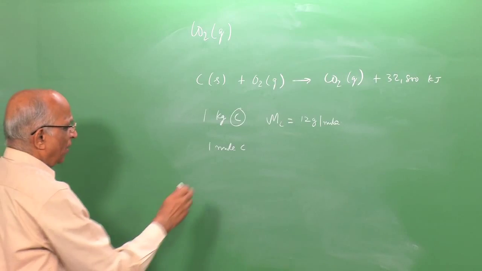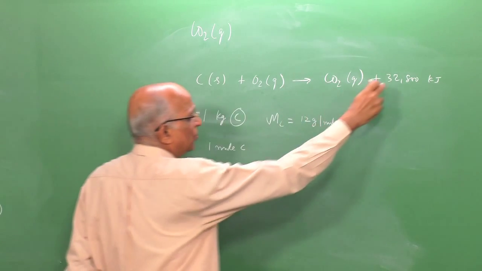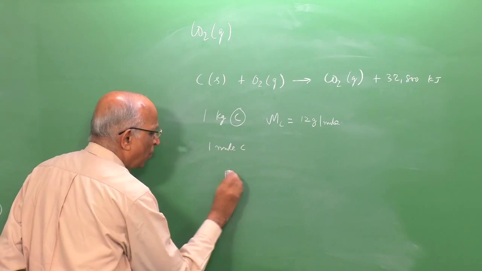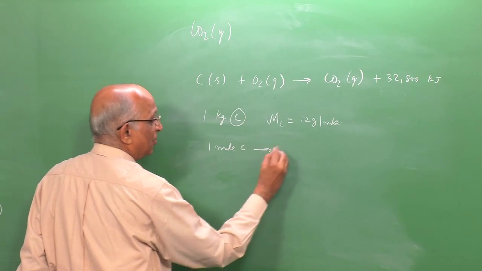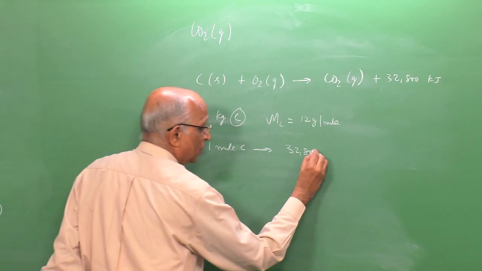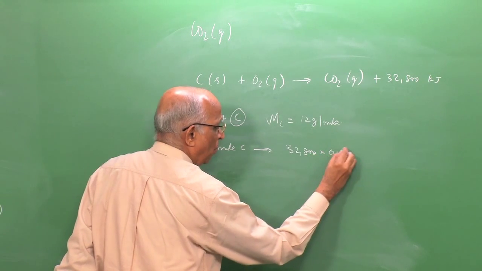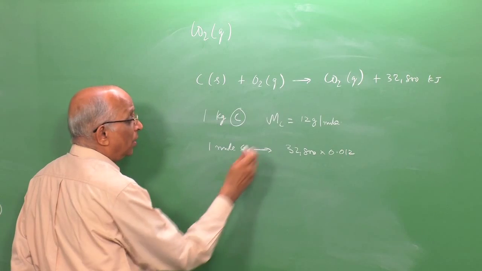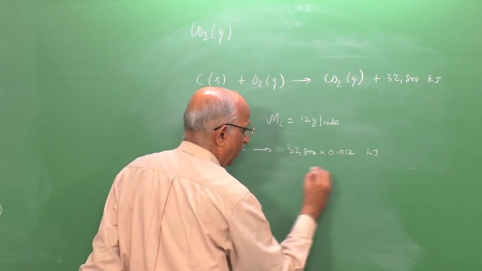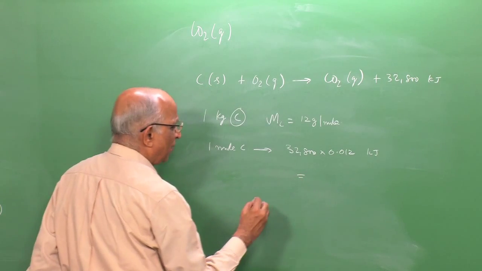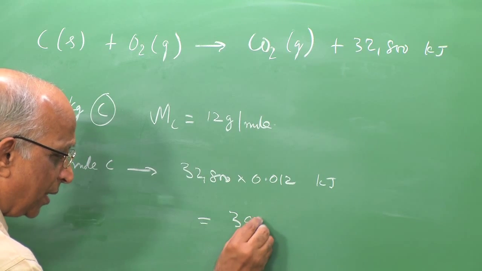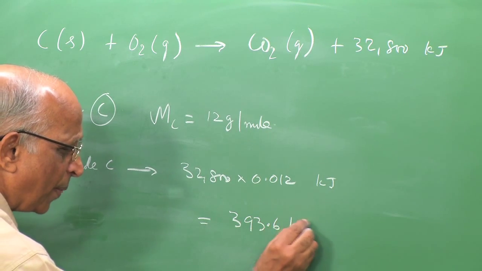Therefore, if 32,800 kilojoules is produced from 1 kilogram of carbon, then from 1 mole of carbon the energy generated is 32,800 times 0.012. That is the amount of energy generated per mole of carbon, which gives a value of around 393.6 kilojoules.